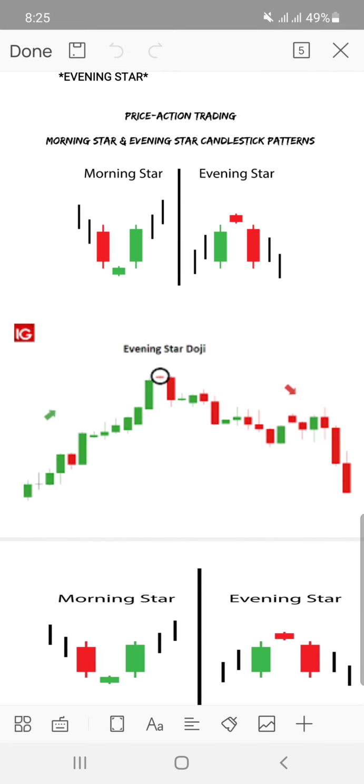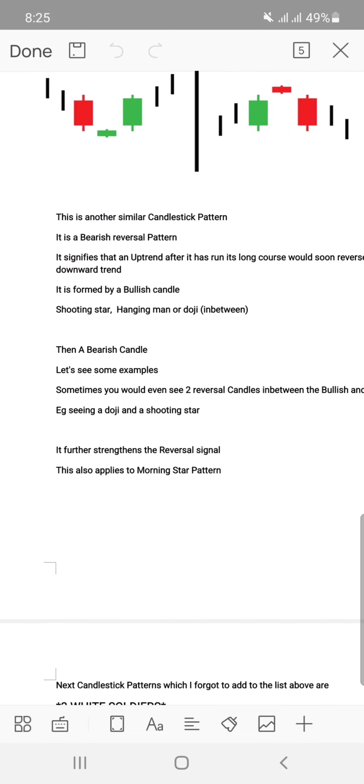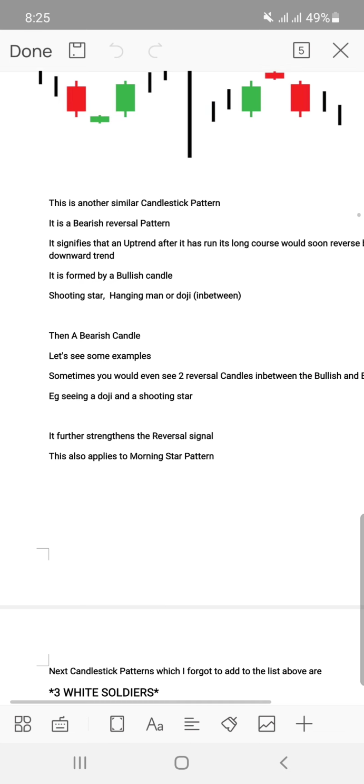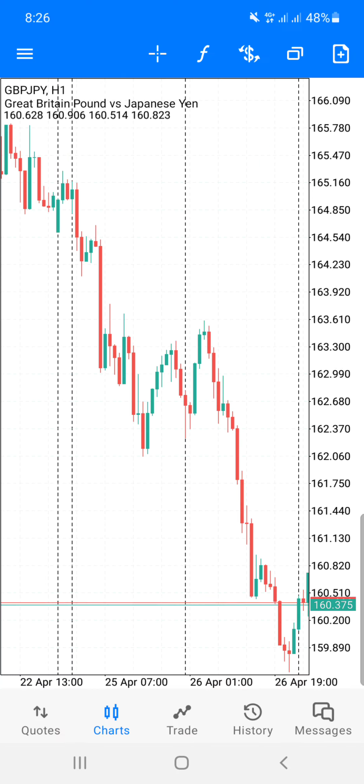So we are going to go to our trading app so that we can see better on the examples, to make our explanation more understandable and more practical. Okay, this is our app, and we are making use of GBP JPY to search for examples.